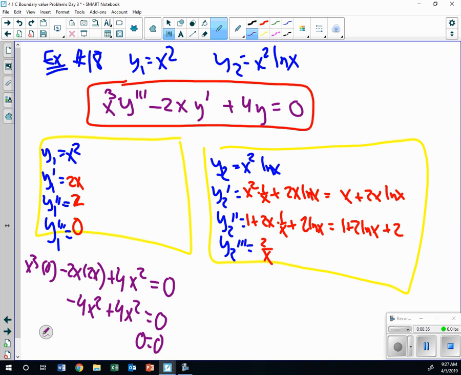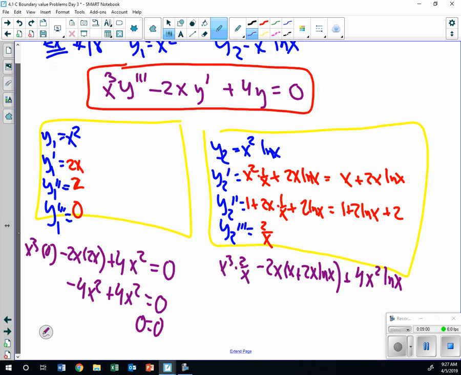How about this one? X cubed times y triple prime, which is 2 over x, minus 2x times y prime, which was x plus 2x ln x. And then the last one is plus 4x squared ln x.